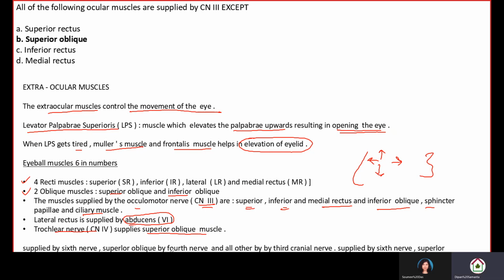Superior oblique is supplied by the 4th nerve and all others by the 3rd cranial nerve.